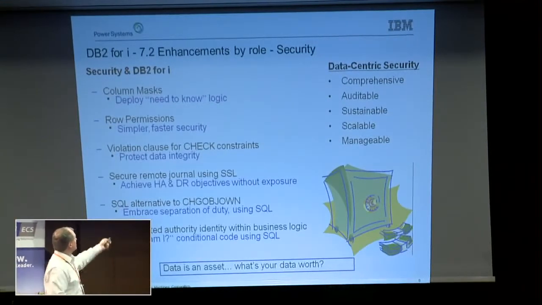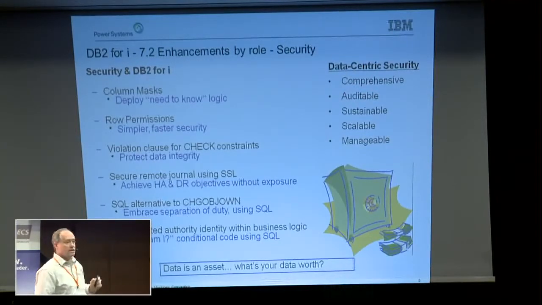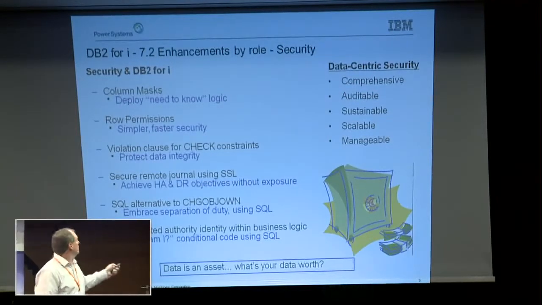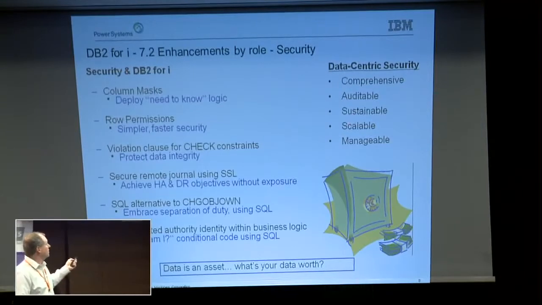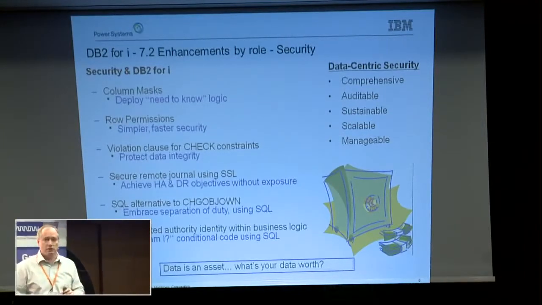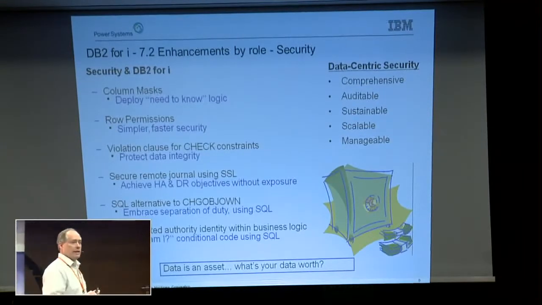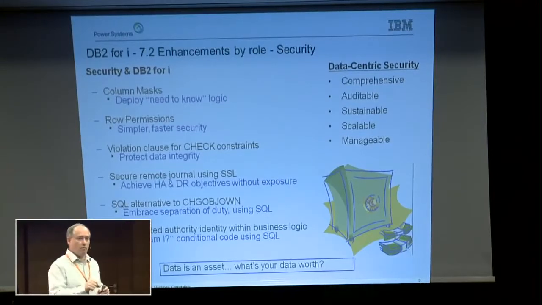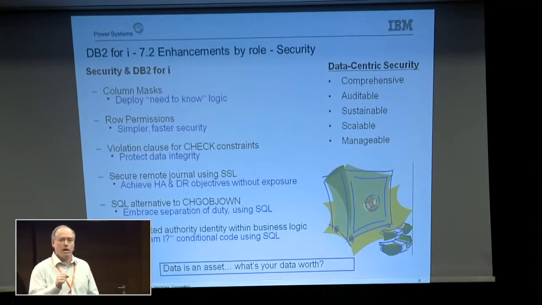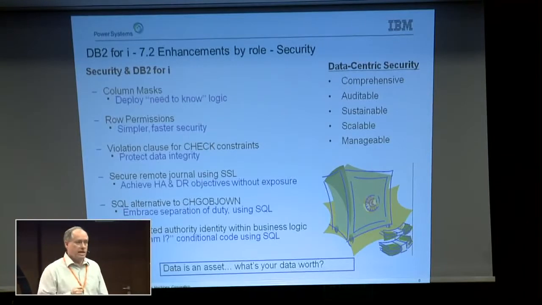So we want something that's comprehensible. It needs to be auditable, sustainable, scalable. You've got to be able to manage it. In the world we live in today, we have more and more compliance that we need to do, right? PCI compliance, healthcare, banking, the list goes on. This is intended to address the compliance of protecting your data.